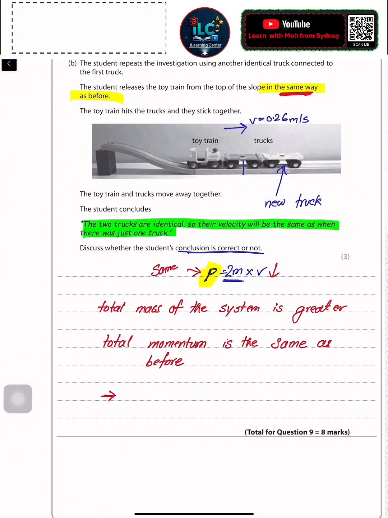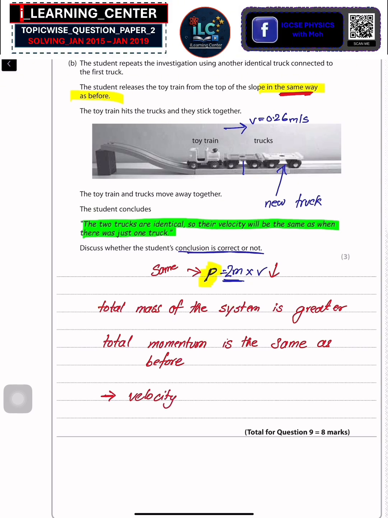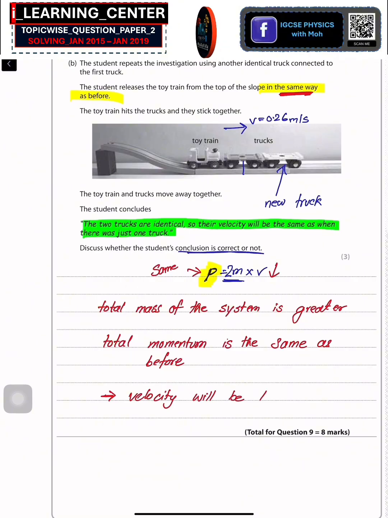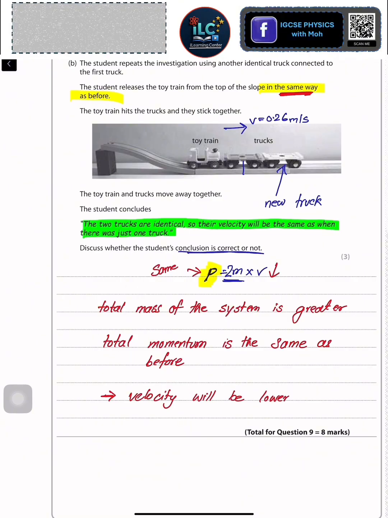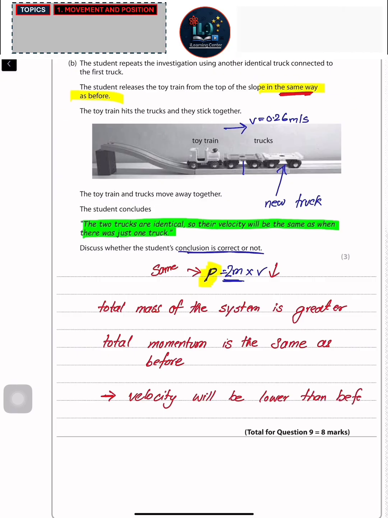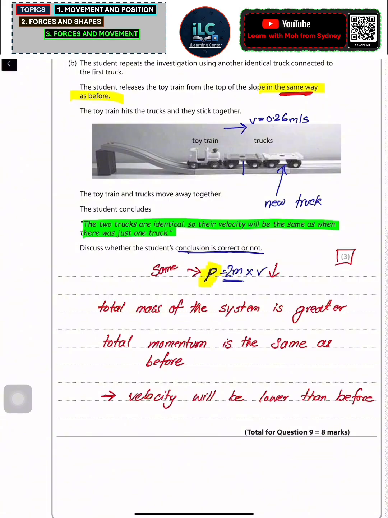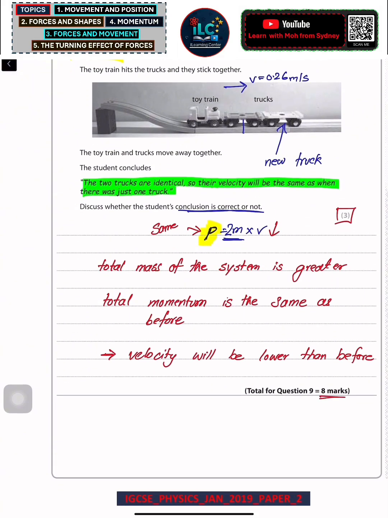So we will say that velocity will be lower than before. So there were 3 marks. You have mentioned everything and you should be good to go on this one.